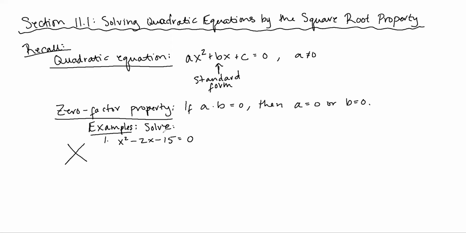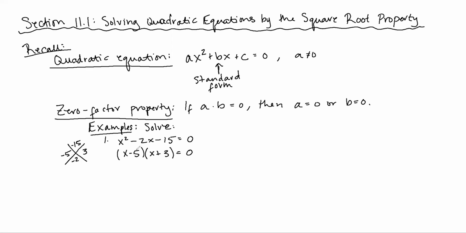Just make sure that you're finding two numbers that multiply to negative 15 and add up to negative 2. So I need a positive and a negative. We're going to have a 5 and 3, and the 5 has to be the negative to get that negative 2. So let's factor this into x minus 5 times x plus 3 equals 0.